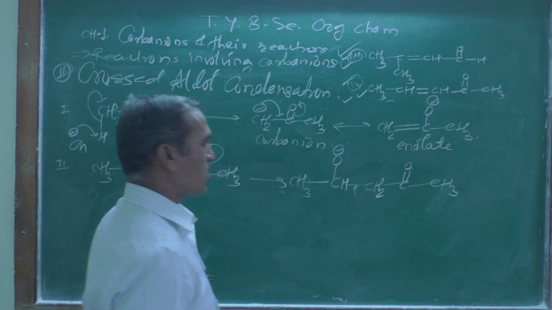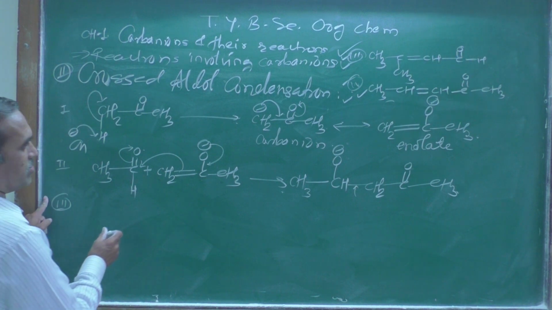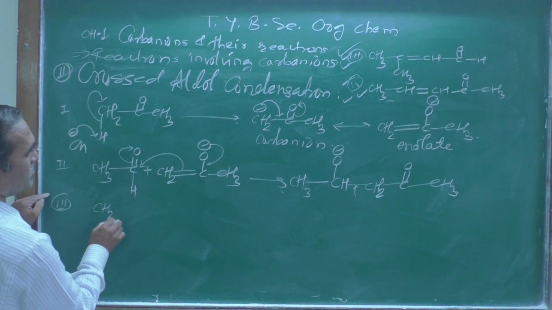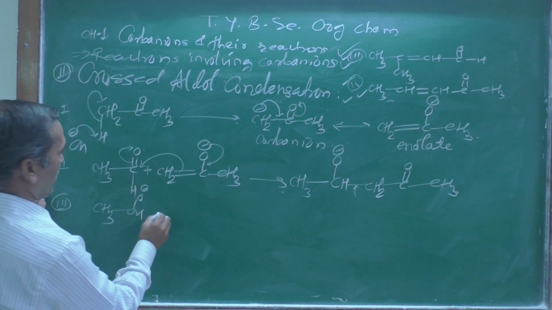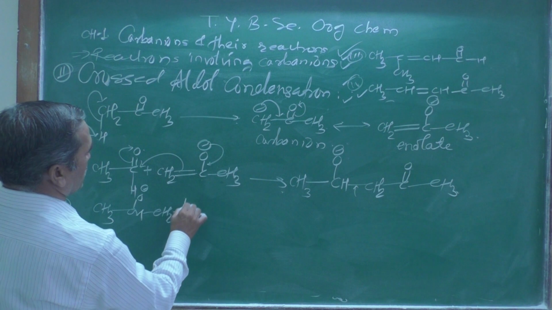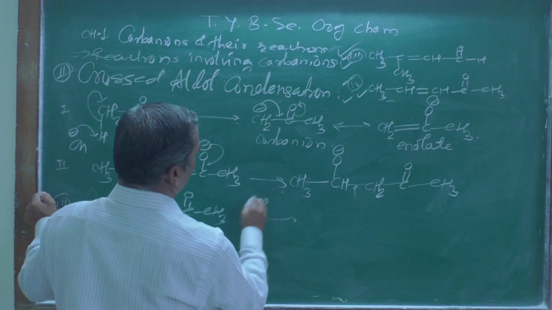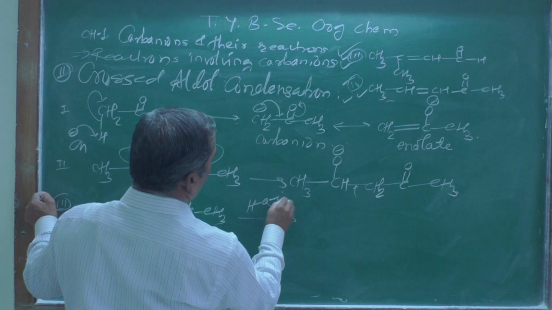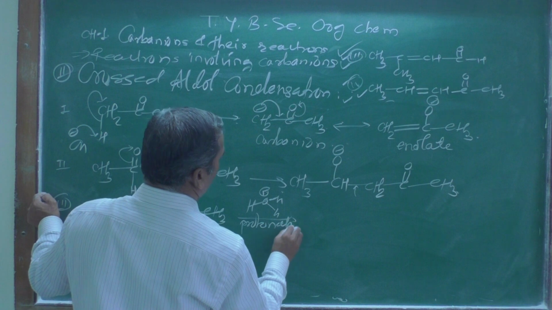That is an alkoxide type, and now the third step is called protonation. What is going to happen here? CH3, CH, and that O minus I am writing as it is, then CH2, C double bond O, CH3. Here the protonation, or hydrolysis, is carried out, positive charge. This is called the protonation step.